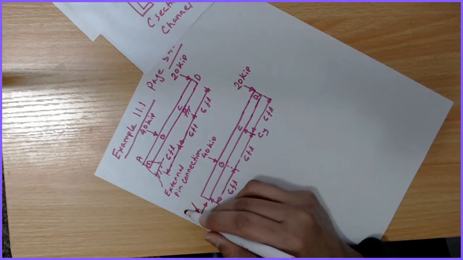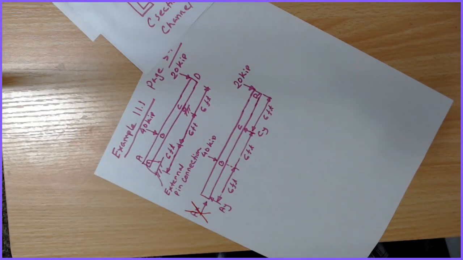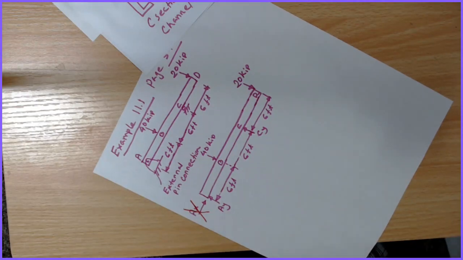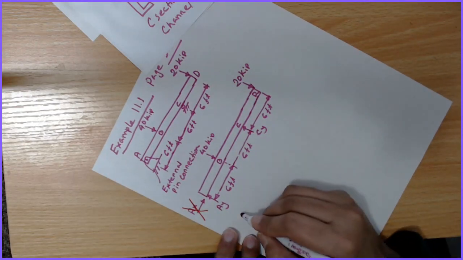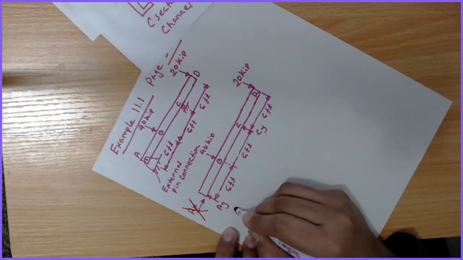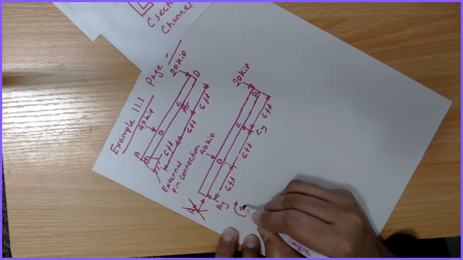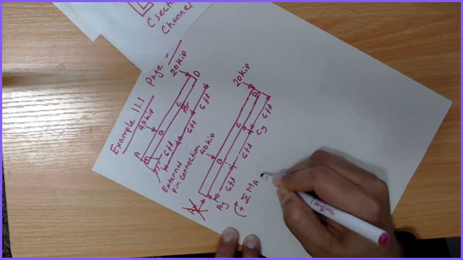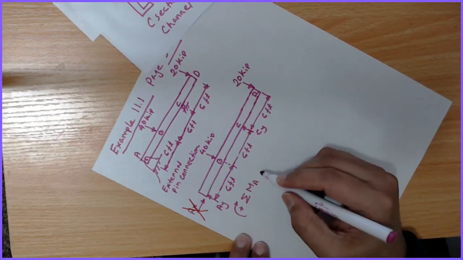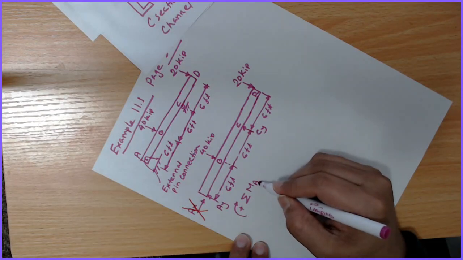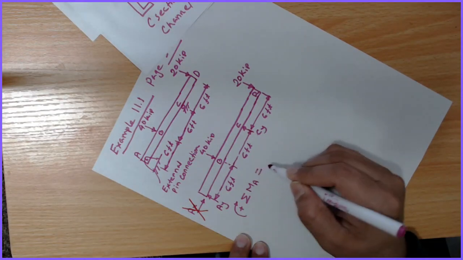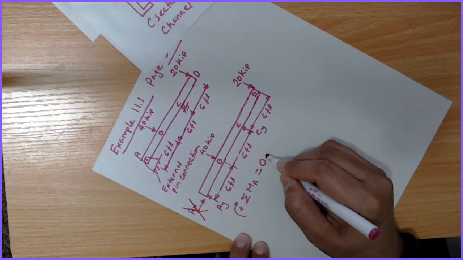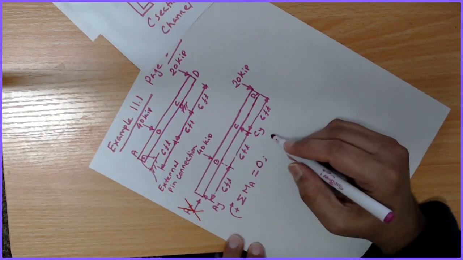So we can actually get rid of this, and to find the reaction force AY and CY, first we can take a moment with respect to point A. We find the summation of moment with respect to point A, and my clockwise is positive. So this is the equilibrium equation.